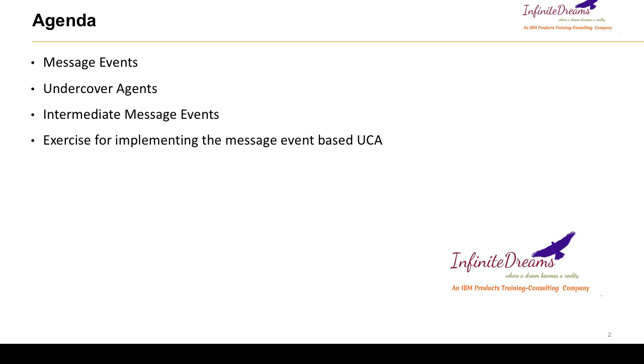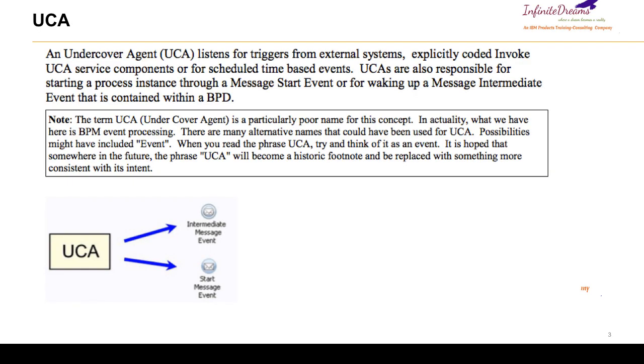Okay, so the first thing: what is UCA, Undercover Agent. Till now, all the business processes which we have implemented were manually started. Someone needs to log into the process portal and start the business process. But that might not always be the case.